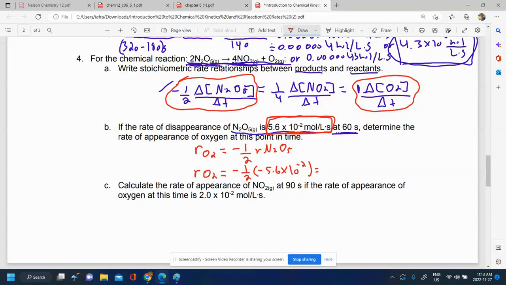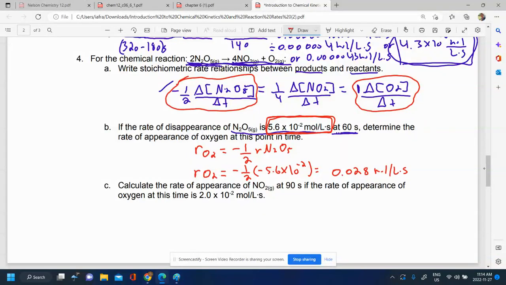So we're going to have -0.5 or -1/2 times the 5.6 times 10 to the power of -2, and we're going to get 0.028, and that's going to be moles, sorry, positive, because it's being produced. 0.028 moles per liter second.